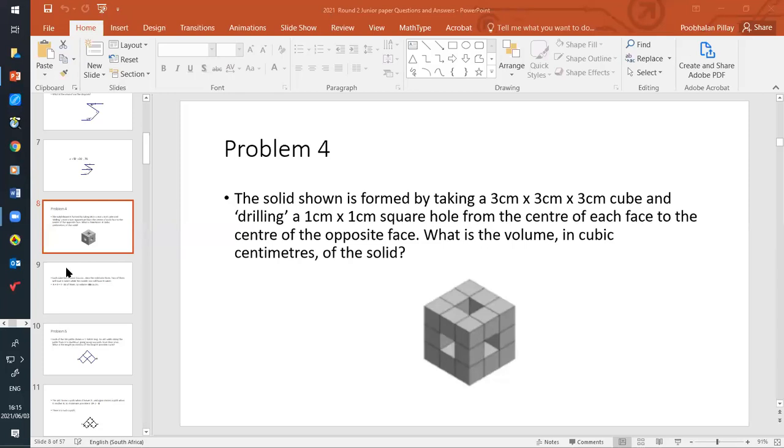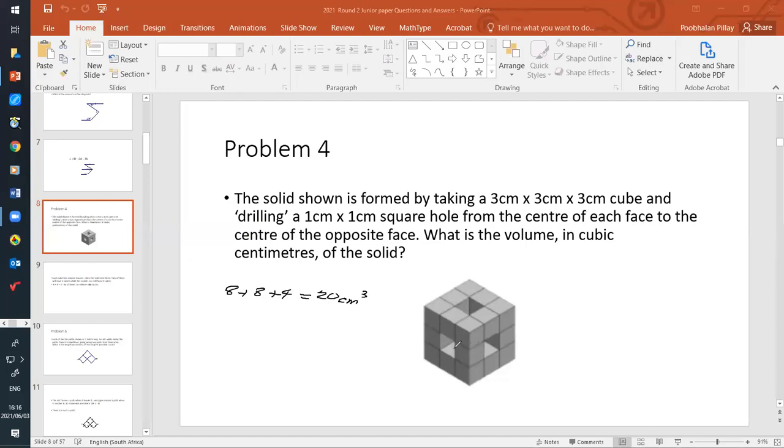So the one way of doing this thing is to count the number of cubes that we can see layer by layer, and you'll have the top plus the bottom plus the middle gives you 20 cubes, and each cube is 1 cubic centimeter. So 20 of them will be 20 cubic centimeters.